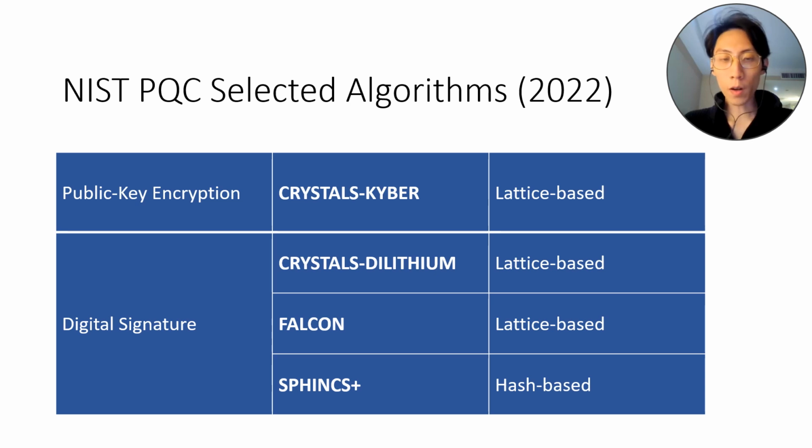And out of the 4 algorithms that were selected, 3 of them are lattice-based. So it does illustrate that lattice-based cryptography is a very promising candidate for post-quantum cryptography, for cryptography that's secure against a quantum computer.